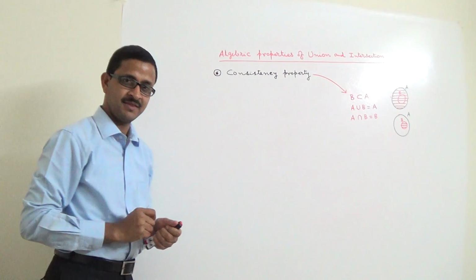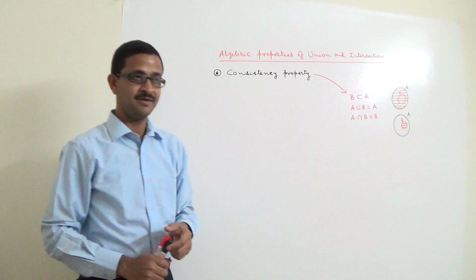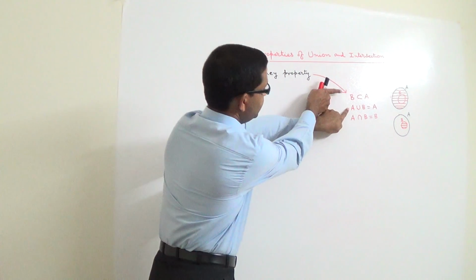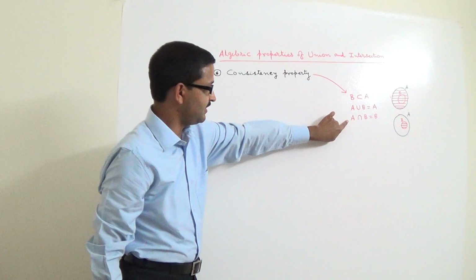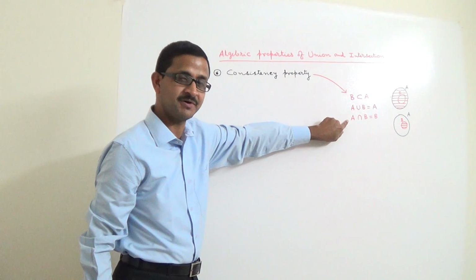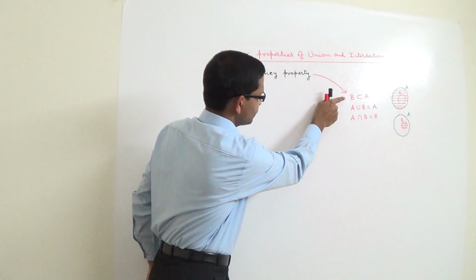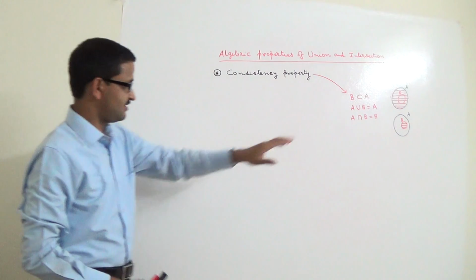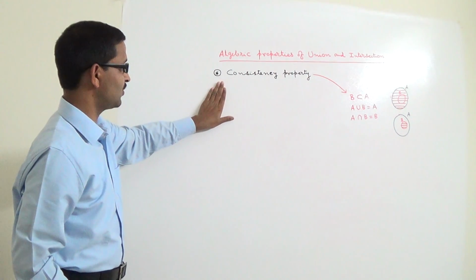If B is a subset of A, you can conclude A union B equals A and A intersection B equals B. If someone tells you A union B equals A, you can infer that B is a subset of A and A intersection B equals B. And if A intersection B equals B holds true, you can infer that B is a subset of A and A union B equals A. As one property implies the other two, that's why it is known as the consistency property.